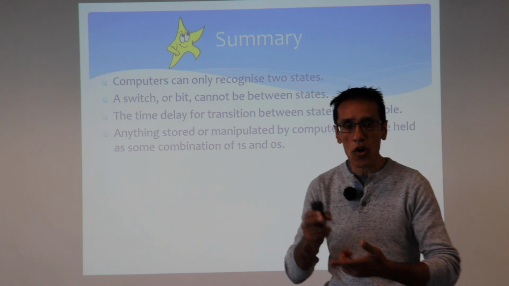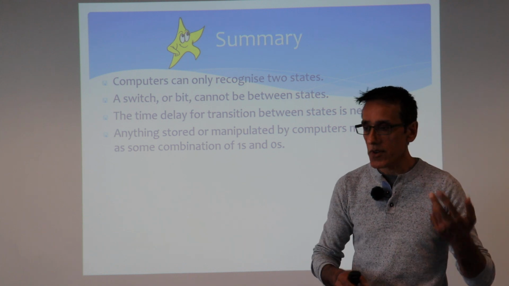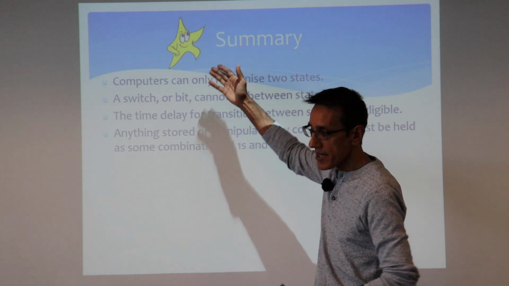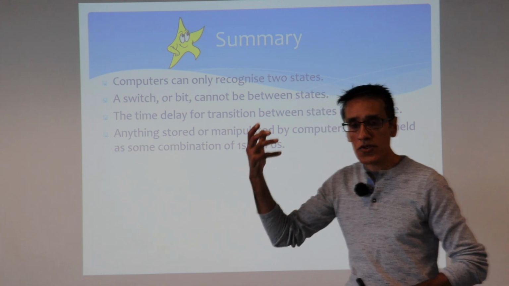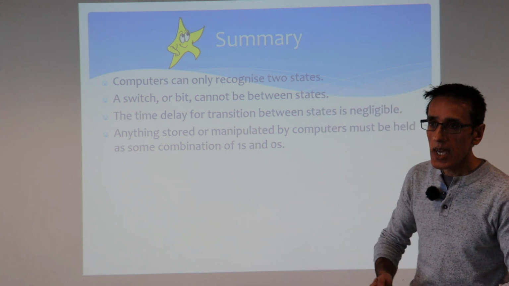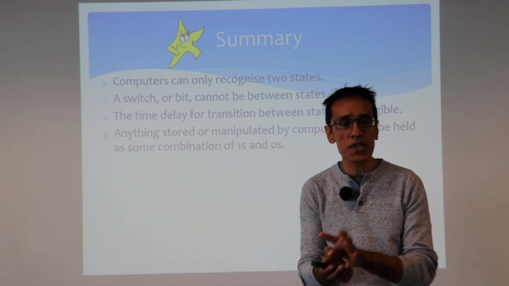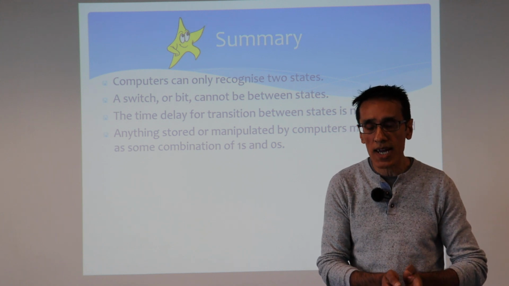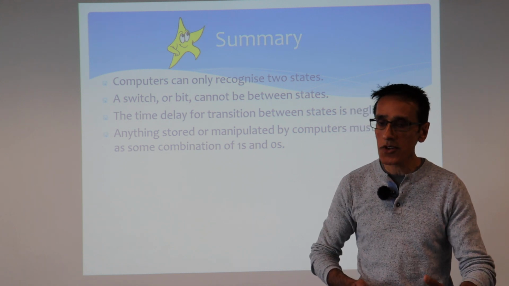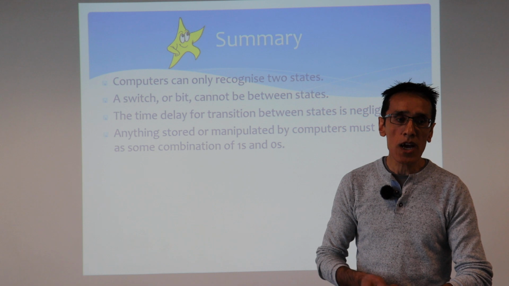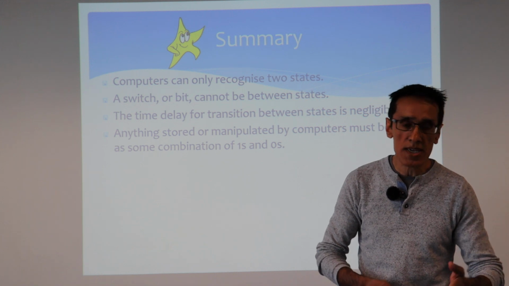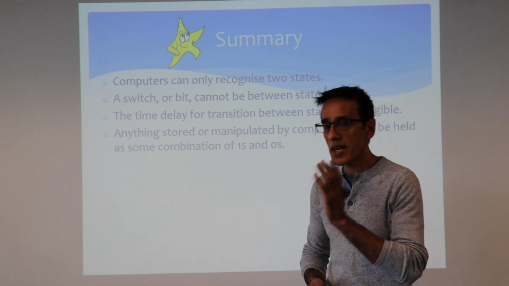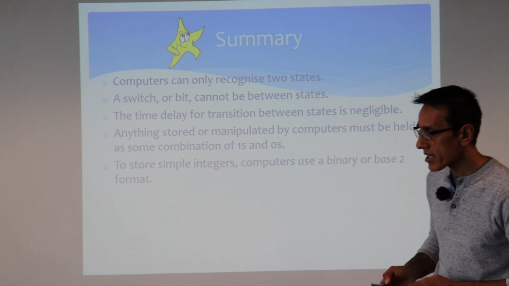So text, audio, video, color, anything that you do on a computer has to be stored using ones and zeros. I'll introduce you later on to how text, color, audio, and video are stored on a computer.